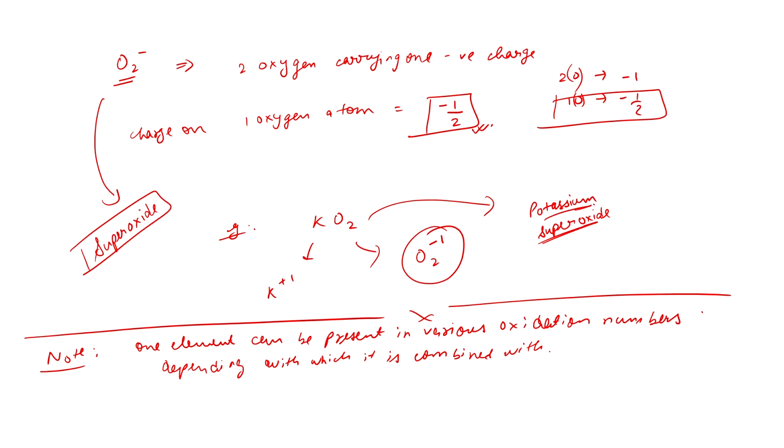That means, one element can have various oxidation numbers. It can have +1, 3, 5, 7 depending on what the other element is, whether the other element is more electronegative or less electronegative, whether the element is having what charge, let us say oxygen is having a -2 charge. Keep in mind that one element can have various oxidation state numbers depending on the various compounds.